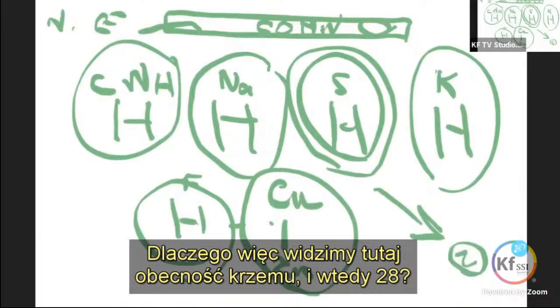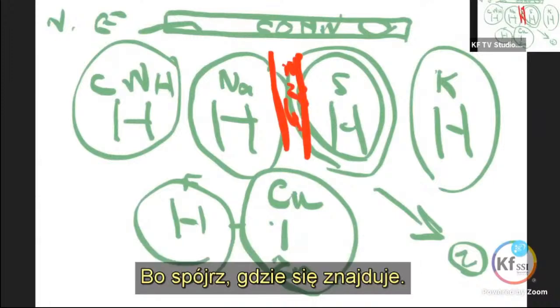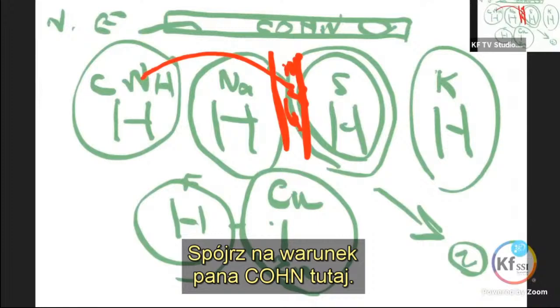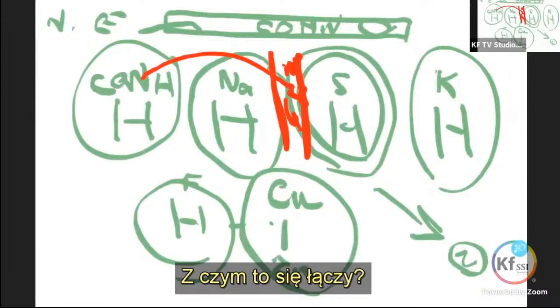Why do we see the presence of psilocybin here at N28? Because look, where does it say? Look at the condition of Mr. Cohen here. Where does it link into?